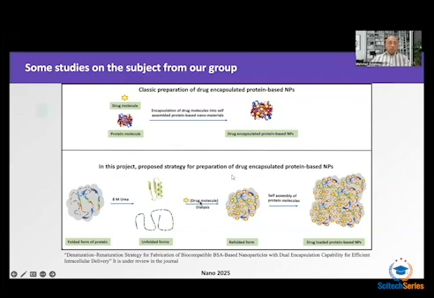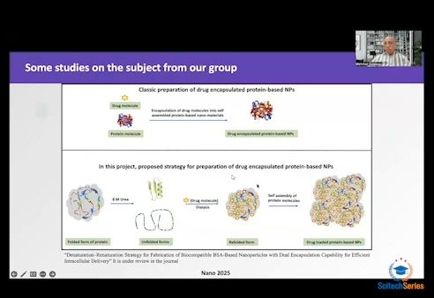For example, you can use a drug here, and you can conjugate these drugs with denatured proteins, and then renaturation and formation of nanoparticles, including conjugated protein molecules, as you see here. In this method, you can encapsulate more active agent into nanoparticles when compared to classical ones.